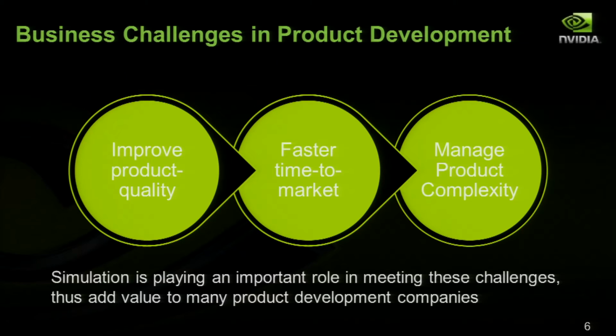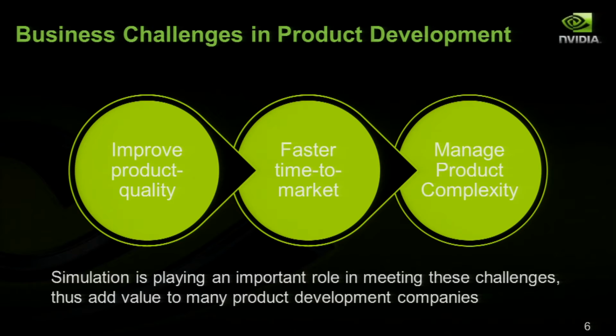But if you go back 20 years, you can see that simulation has been widely used to address all three of these: improving product quality, getting faster to the market, and managing product complexity.